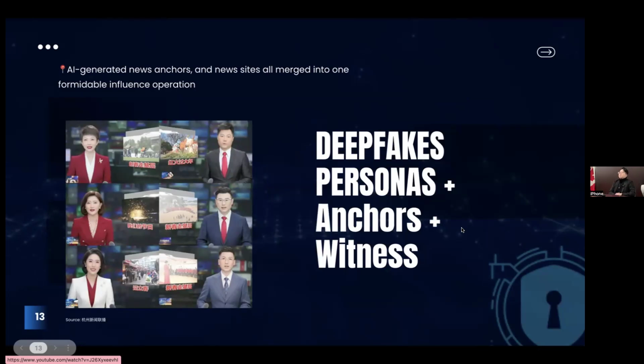So there has been more and more deliberate use of AI-generated anchors. And I think that in the upcoming future, we'll be seeing not only fake news, but also news being spread by fake anchors and maybe fake witnesses, deployed by deepfakes as well.